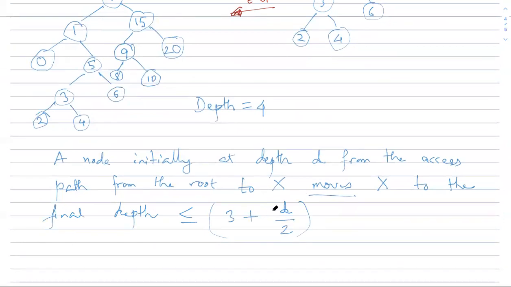So you can see there is a halving, or reducing the depth d by half plus 3, happening at every step of the Splay operation. And this is true for any node.